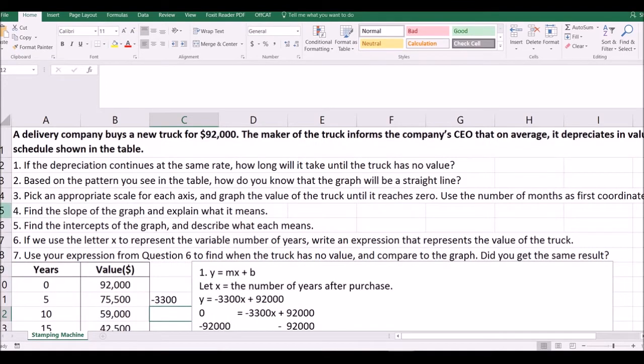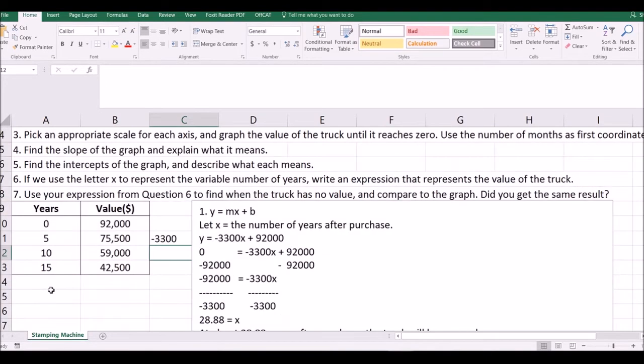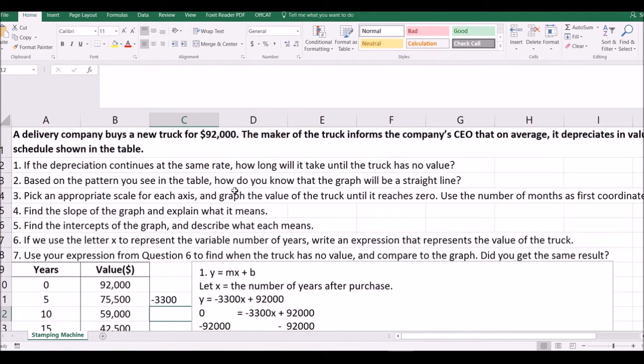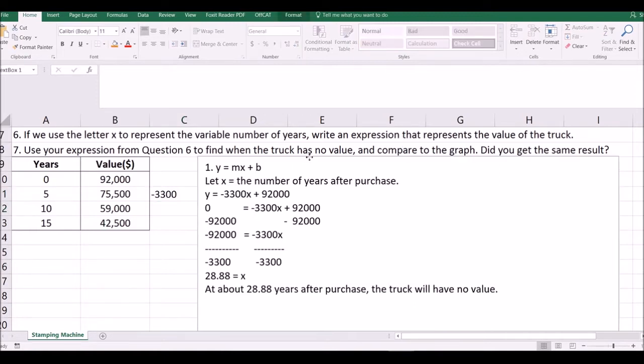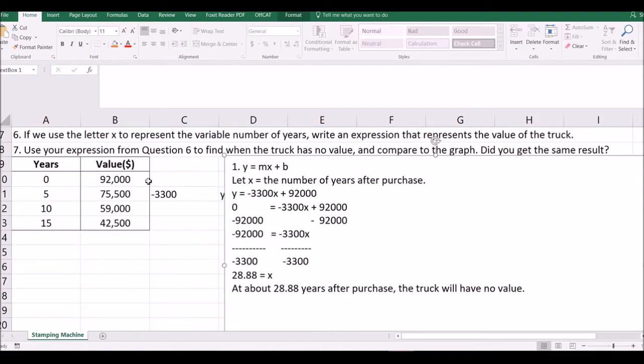Based on the pattern you see, how do you know that the graph will be a straight line? Well, based on this pattern, let's take a look. If we have a consistent slope, it's going to be rising and running at the same rate. So I'm going to take this formula here and click and drag it down and let it copy.